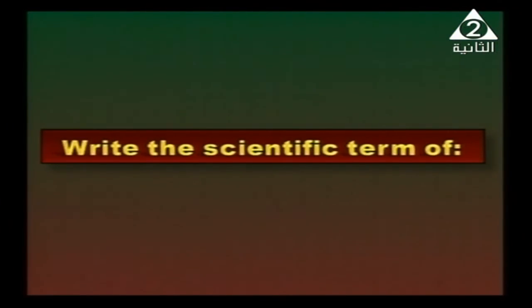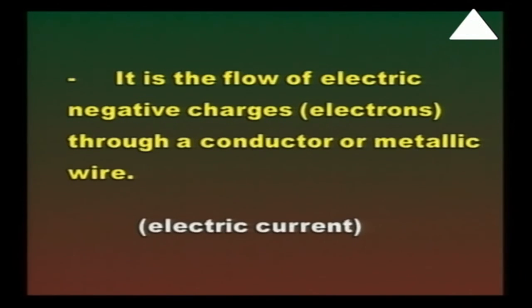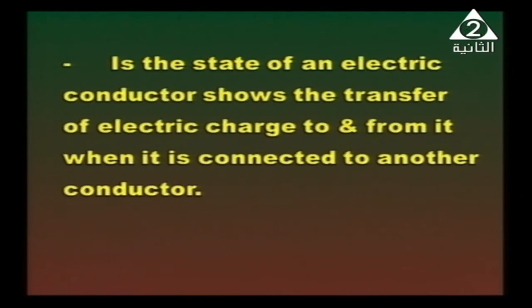What are the scientific terms of the following? Number one: the flow of electric negative charges or electrons through a conductor or metallic wire. It is electric current. Number two: the state of an electric conductor that shows the transfer of electric charges to or from it when it is connected to another conductor.